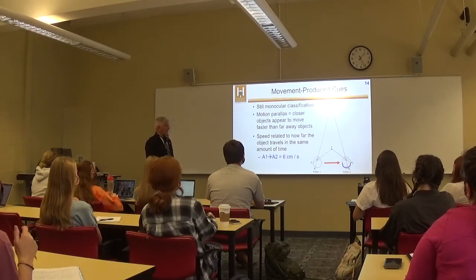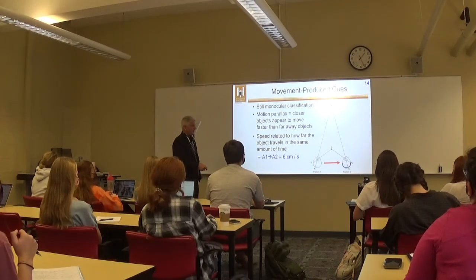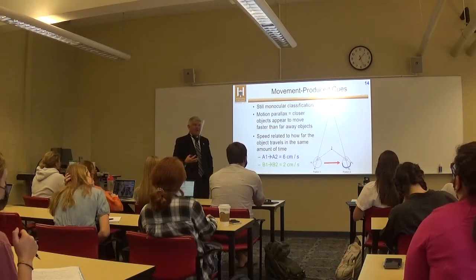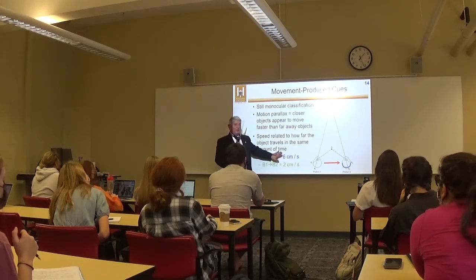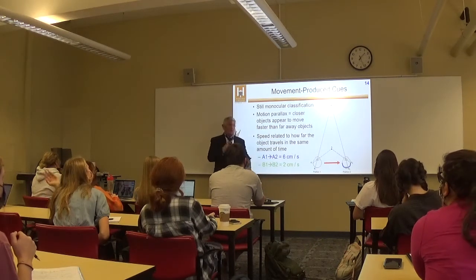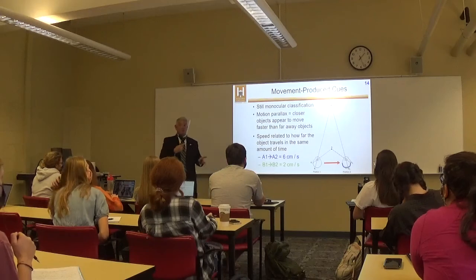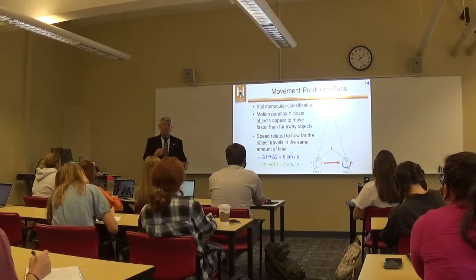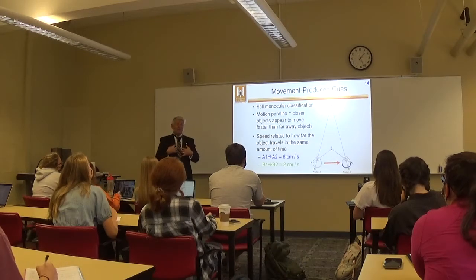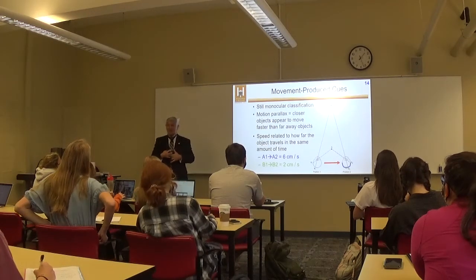And if we say that A moves 6 centimeters in 1 second, B only moved 2 centimeters in 1 second, that's speed, right? A lot faster, 6 centimeters a second versus 2 centimeters. That's why, motion parallax, things that are closer appear to move faster than things that are far away. Even though they're not moving at all, we're the thing that's moving at a constant speed.